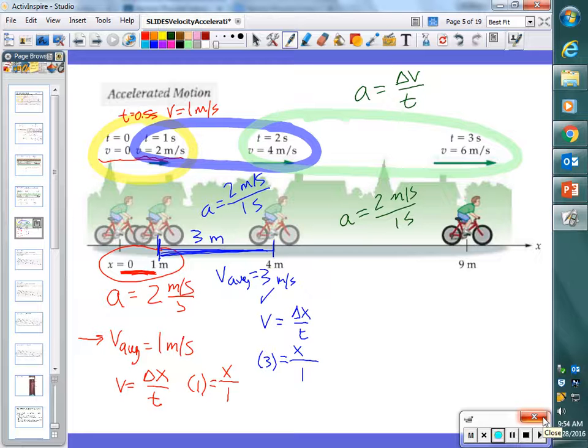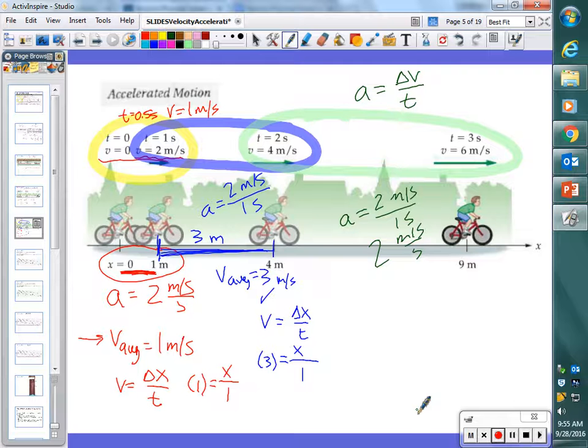So how much does the velocity change during that time? 2. So delta v is 2 meters per second, because that's how much the velocity changed. And then, how much time passed during that interval? 1 second. So that's where we get the 2 meters per second squared. Good there?